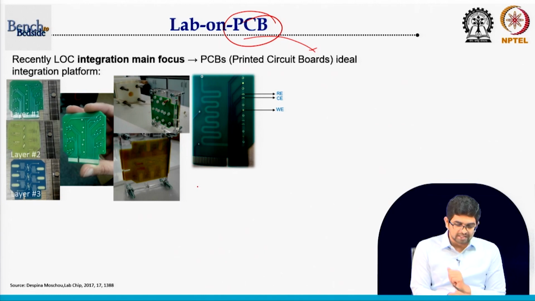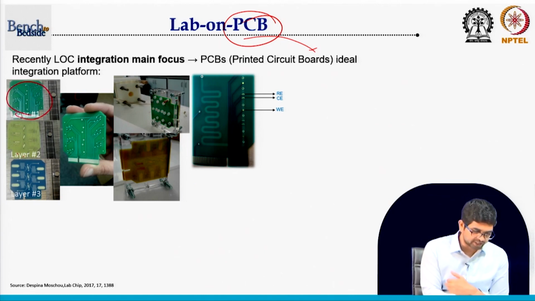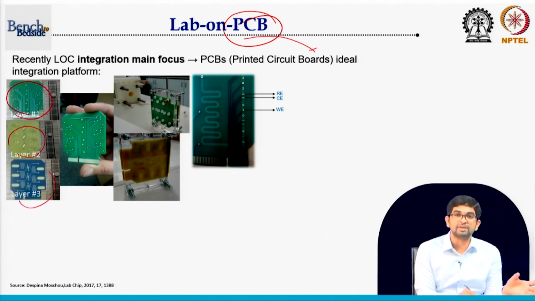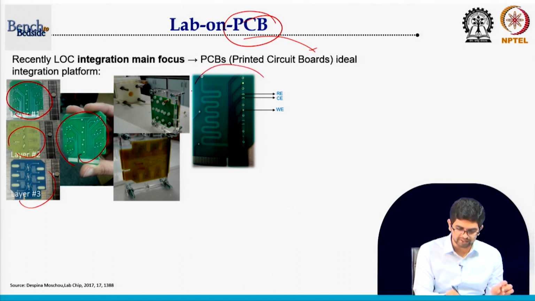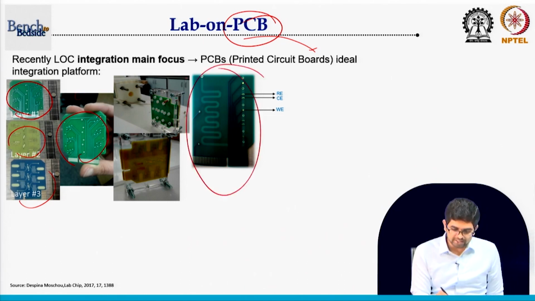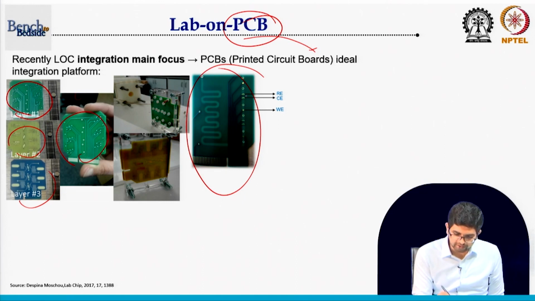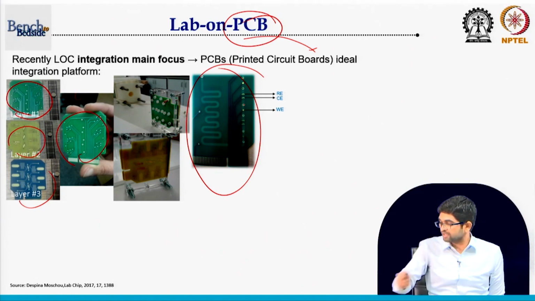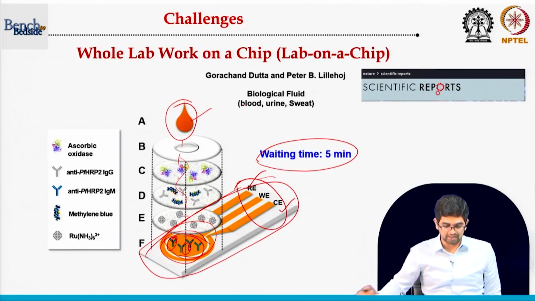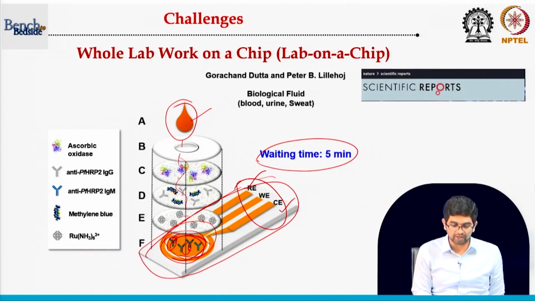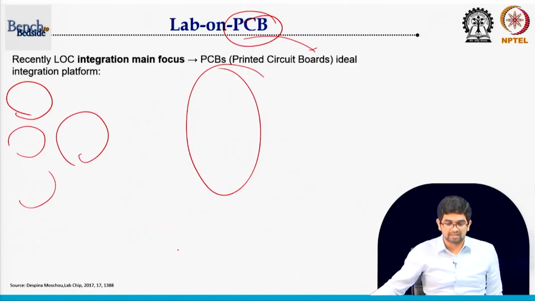How? See, suppose this is kind of an example, you may already have seen it in your electronic device. So, there we can fabricate our biorecognition molecules. So, let us come to this part. Here you can see the small parts, those parts we can use as a working electrode, as I showed you earlier, this is the working electrode where we can immobilize the antibody, right, that is the bioreceptor.